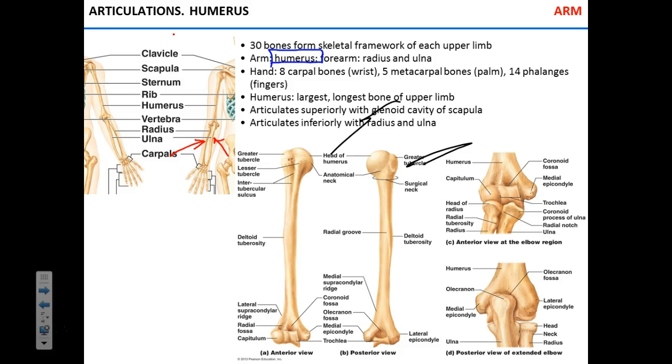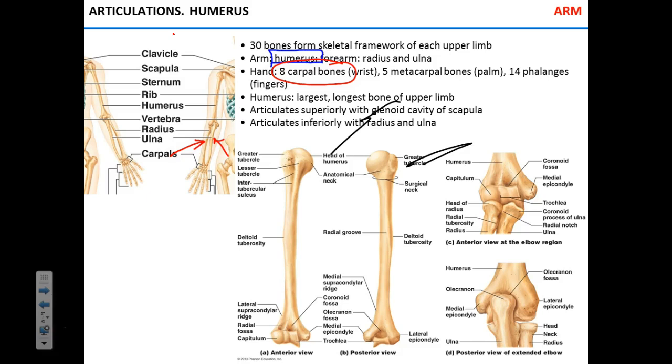Clear so far? Good? The ulna and radius articulate with eight rather small bones called carpal bones. They form the wrist. I don't want to lie to you, those eight are the hardest bones to memorize. Carpal and tarsal bones are the hardest to memorize.